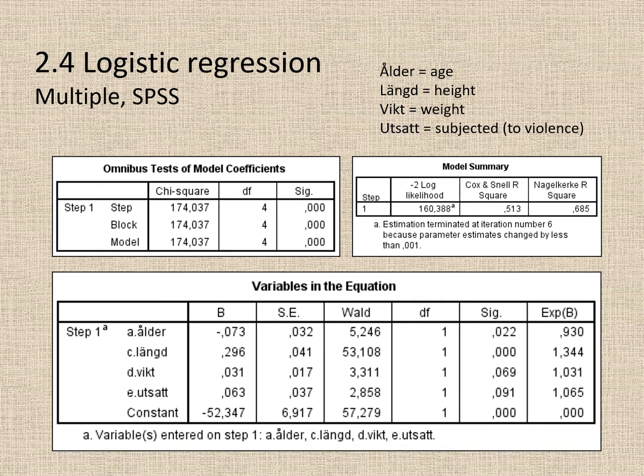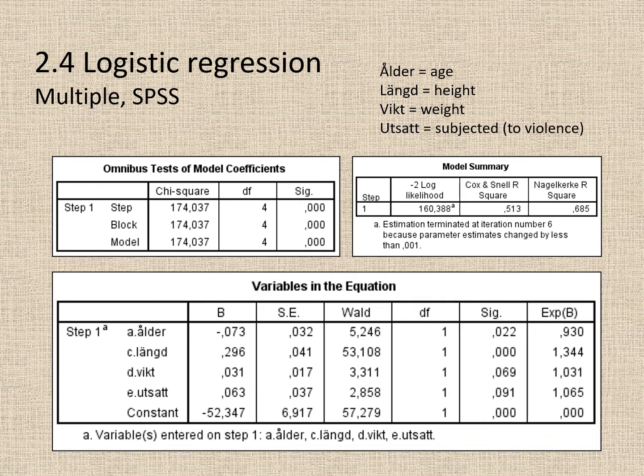That's what Norwegians want to say, but he was Dutch, so I don't know. Cox and Snell has one slight disadvantage. It can never be 1. So it's negatively biased. And Nagelkerke compensates for that negative bias.